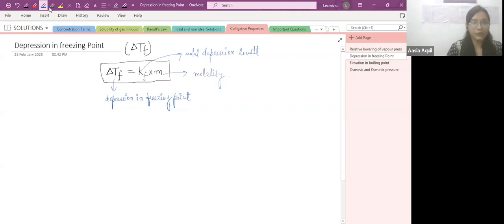Here, another formula: you can calculate the molecular mass of solute using this formula, that is your Kf, multiplied by W upon 1000 into delta Tf into W. W here is capital W, here in gram.